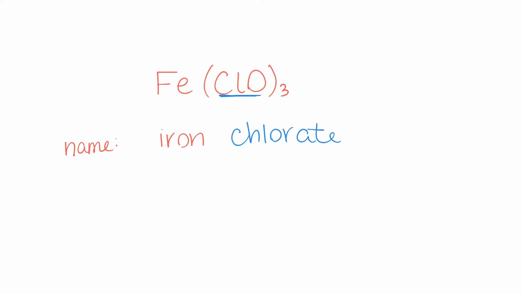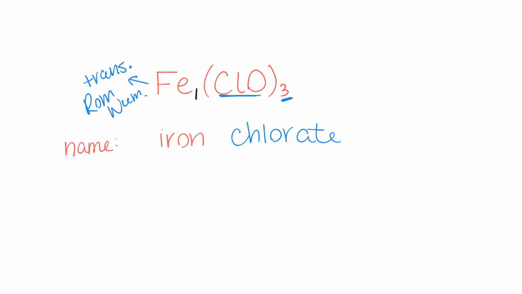All right, so here's the deal. There's 3 of them, and that's like a little red flag to me. This iron is a transition metal, and if you have a transition metal, then what do you need? You need a Roman numeral. So I need to figure out what iron's charge was. Let's back up here.